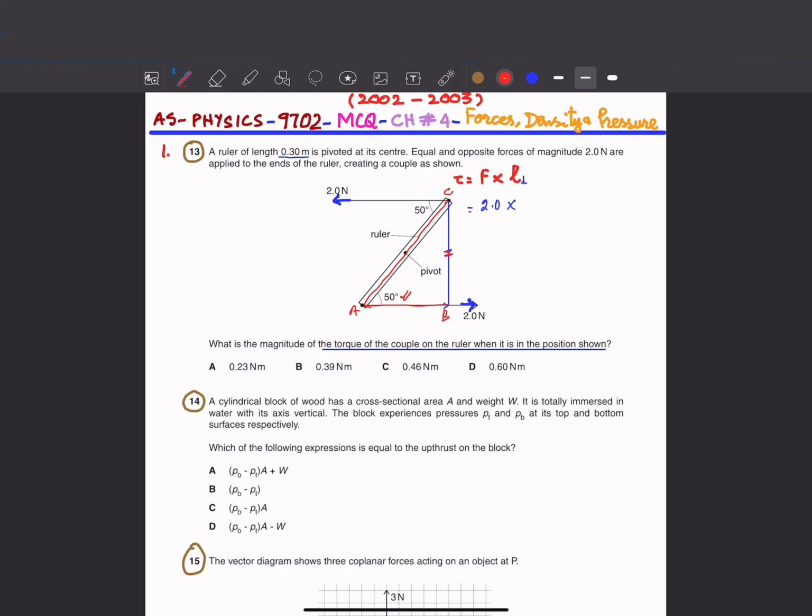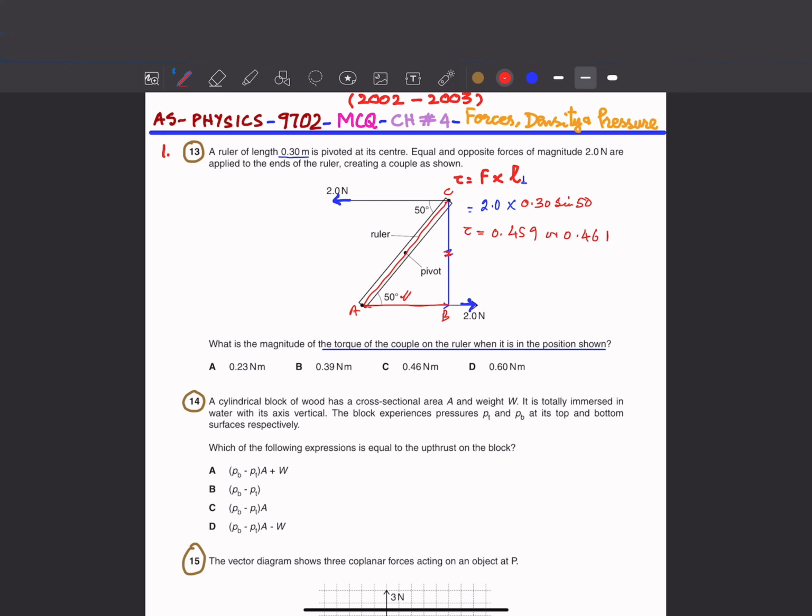So simply, 0.30 sine 50 will give us the torque. When you multiply 0.30 by sine 50 by 2, you get 0.459, or simply 0.46.